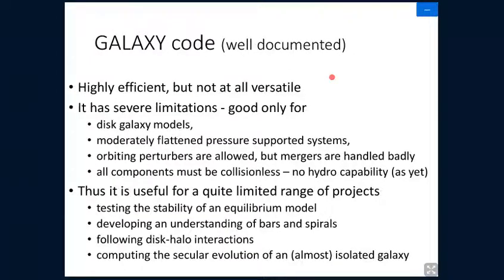And you can use the code to develop an understanding of bars and spirals, which is what I have done most of my life. You can follow disk halo interactions, which is the kind of thing that Victor did for his thesis. And you can compute the secular evolution of galaxies that are pretty well isolated.